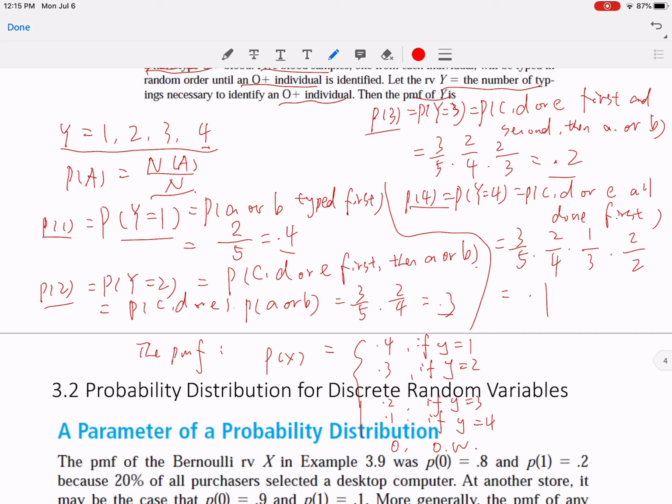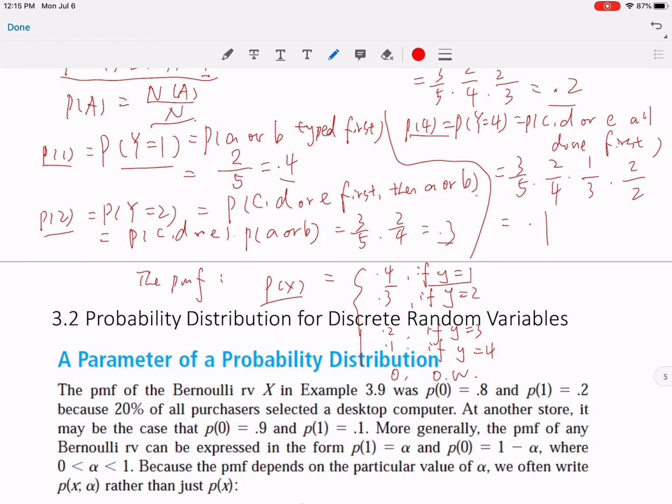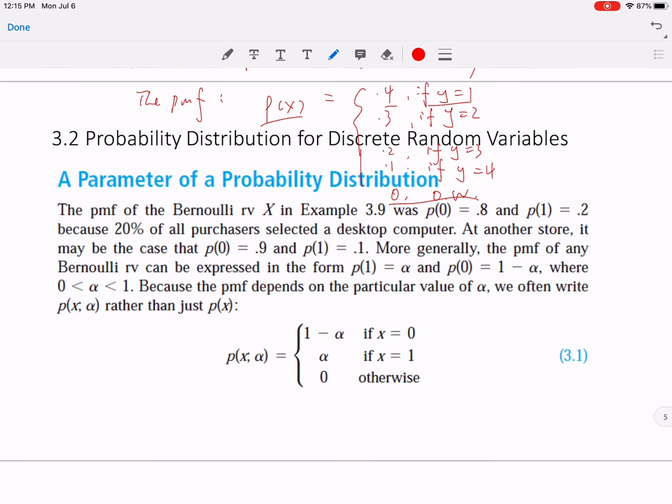And then put them in the form of a PMF: P of x is equal to the probability and then the corresponding possible values of the random variable. And then don't forget the last part: the probability would be equal to 0 otherwise. I hope that makes sense to you.